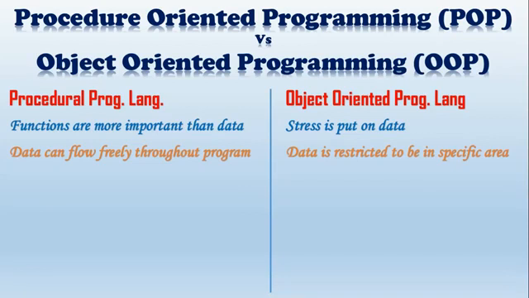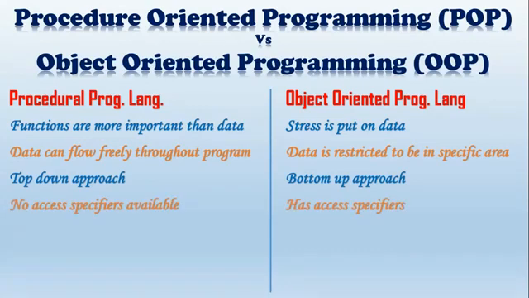Data can flow freely throughout the program in procedural programming. But here in object oriented programming, data is restricted to be in the specific area wherever it is needed. So it will be more secured, as I told before. Here the top down approach happens, but in object oriented programming, bottom up approach.